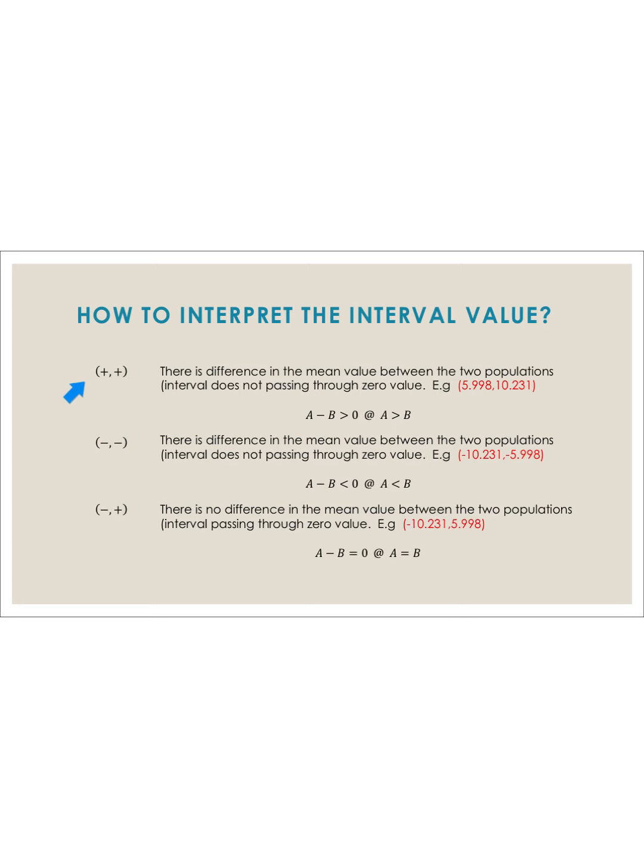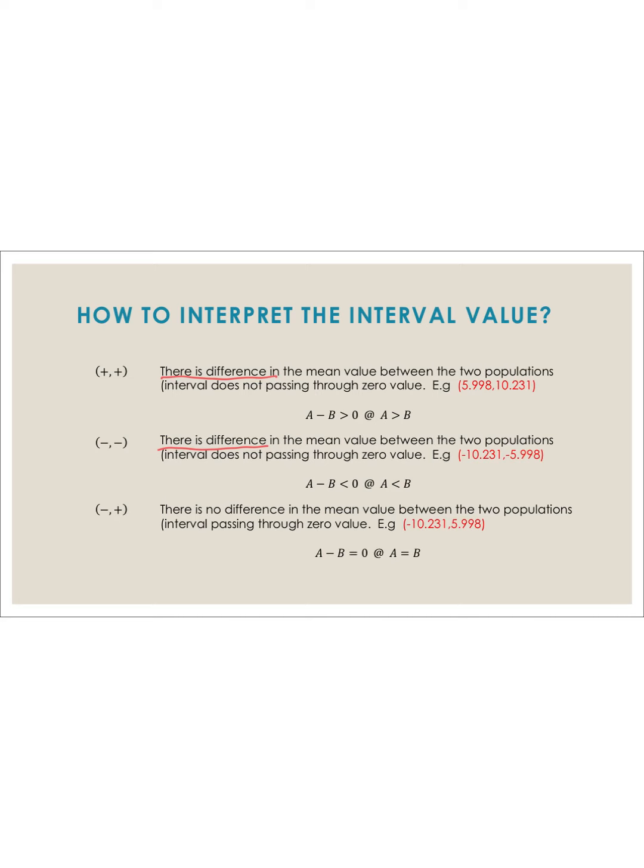Maksudnya kalau plus plus dengan minus minus, maksudnya ada difference. Cumanya kalau plus plus, maksudnya population A tolak population B is greater than 0, ataupun population A greater than population B. But if you get negative negative, meaning that population A less than population B, dia punya mean.